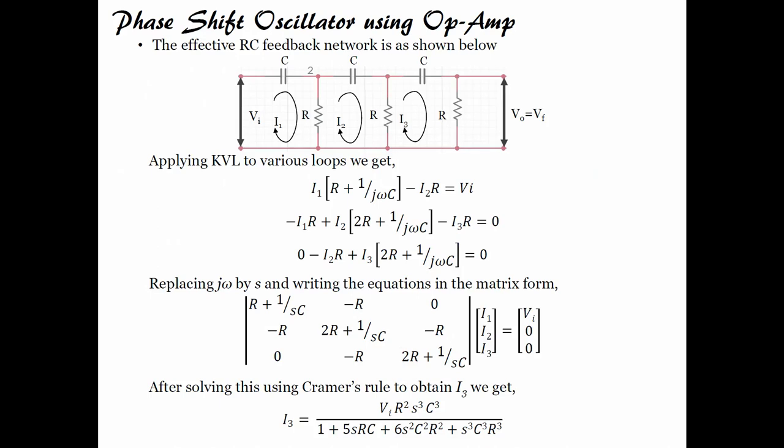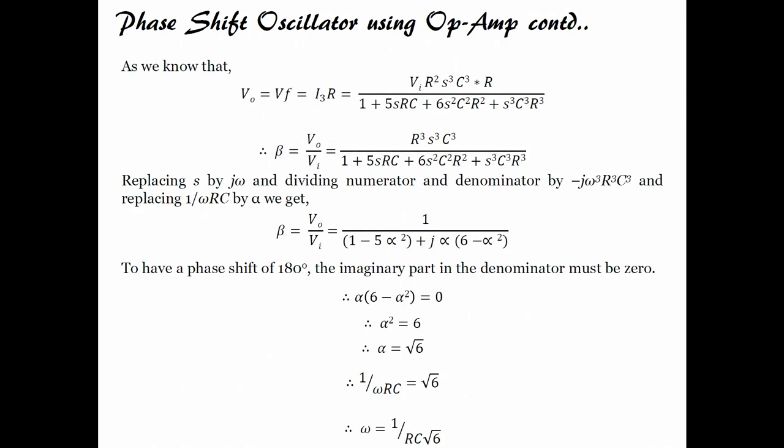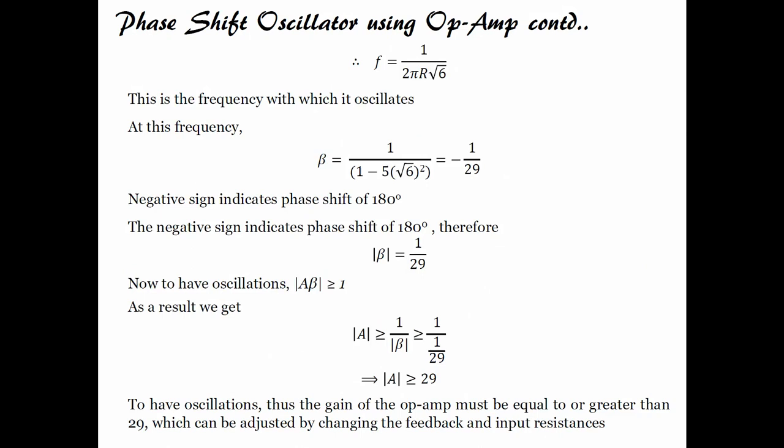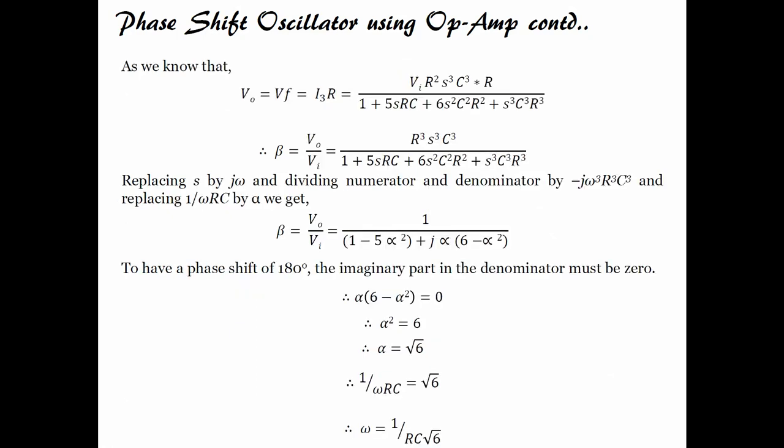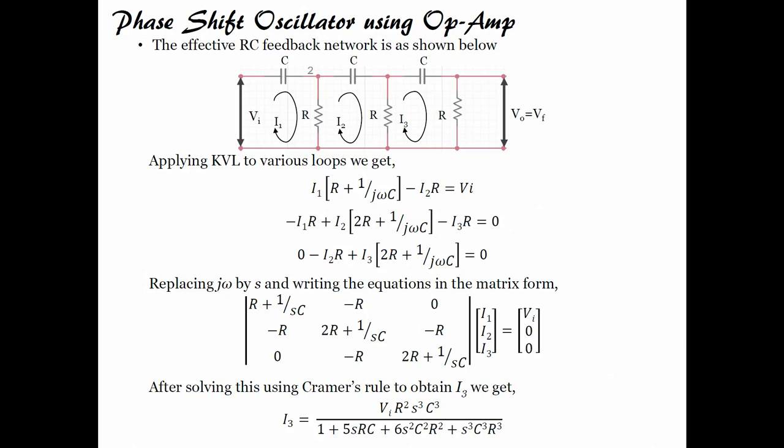We have seen this. We have also derived the equation for the gain and the equation for beta, and what we found is that beta in the case of an RC phase shift oscillator should be 1 by 29, while the gain should be greater than 29. Please see my earlier lectures in another course.